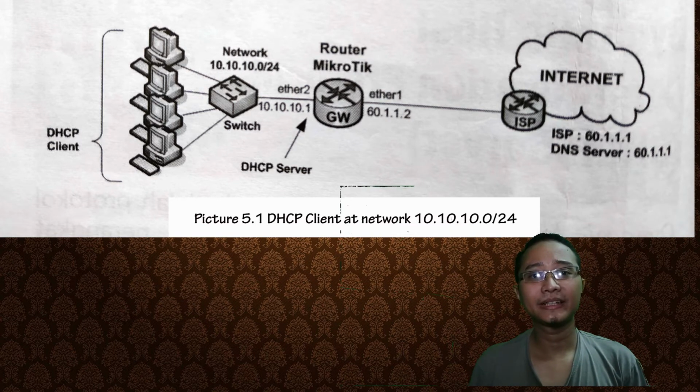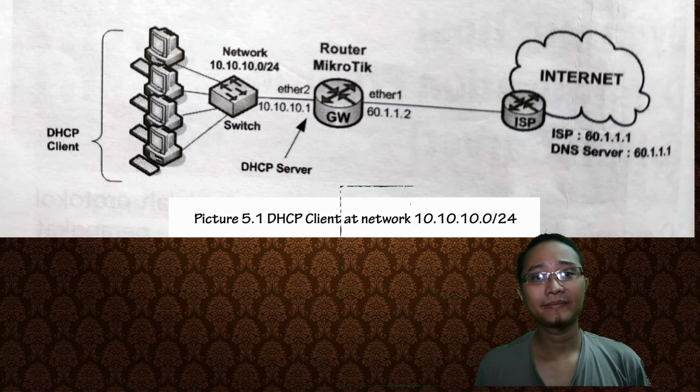DHCP server works with the principle of leasing IP addresses. The user computer will lease an IP address configuration from the DHCP server. In this lease process, the DHCP server will give a period of time for the leased IP address, which is set by the lease time option. As long as the lease time of the IP address is not finished yet, that IP address will not be leased to another computer, even though the computer user that leased it first is no longer using that IP address.